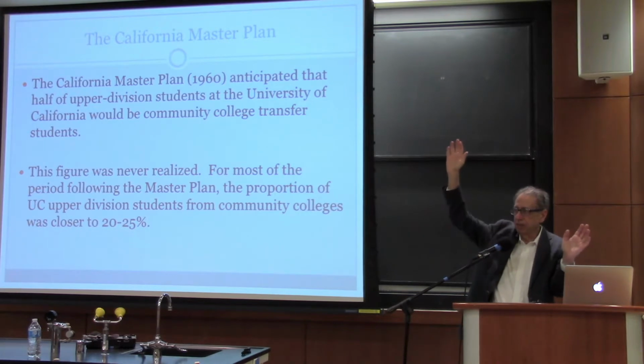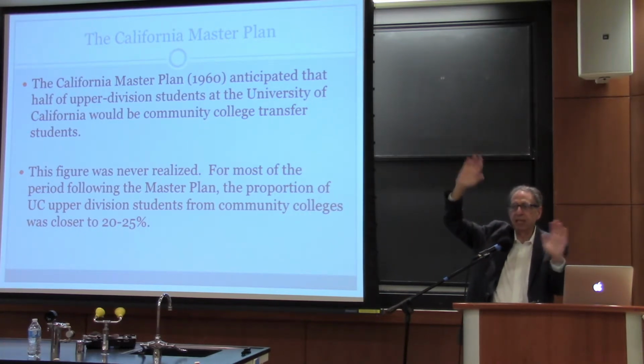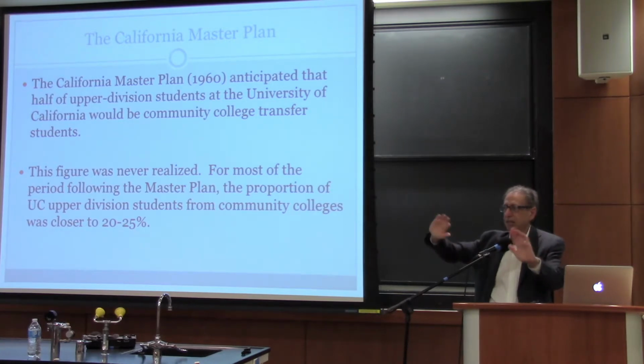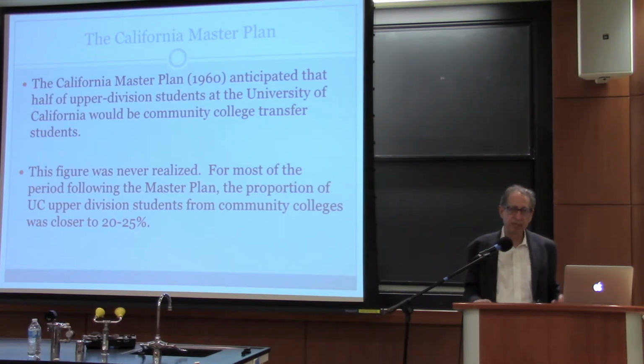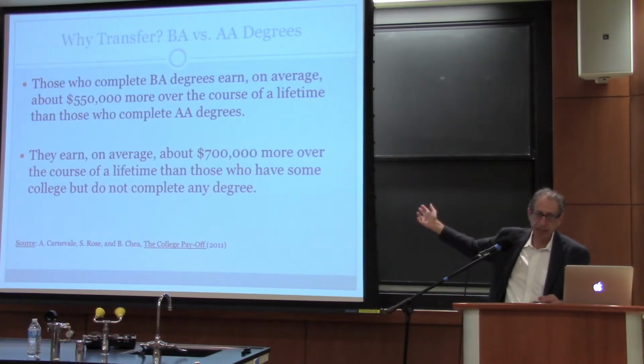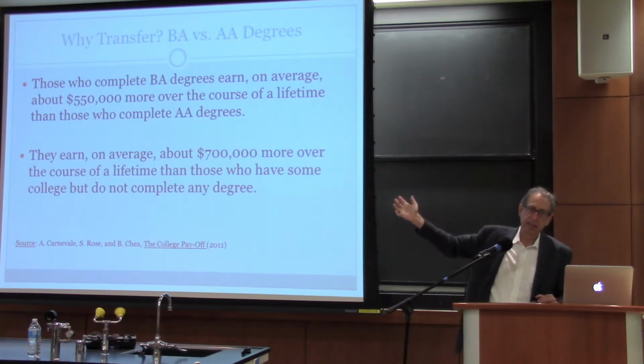That never happened, because most people who entered community college never got out of community college or never finished a degree, much less transferred. So there is an issue there. There's an issue from an economic perspective.